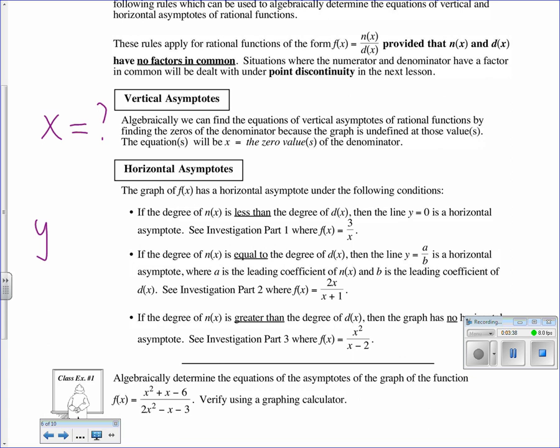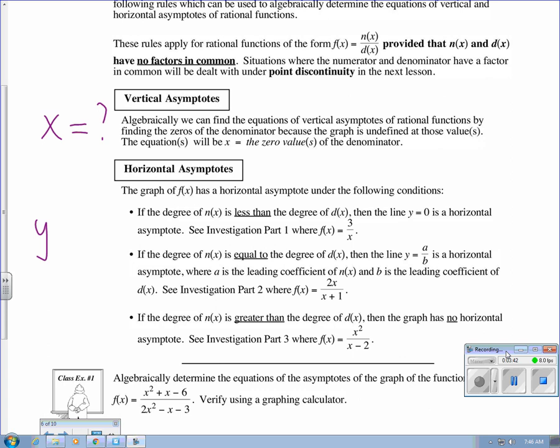And the last statement, just slide that down. If the degree of the numerator is greater than the degree of the denominator, then the graph does not have a horizontal asymptote. So our calculators can help us algebraically. We can do it as well. Let's slide down.